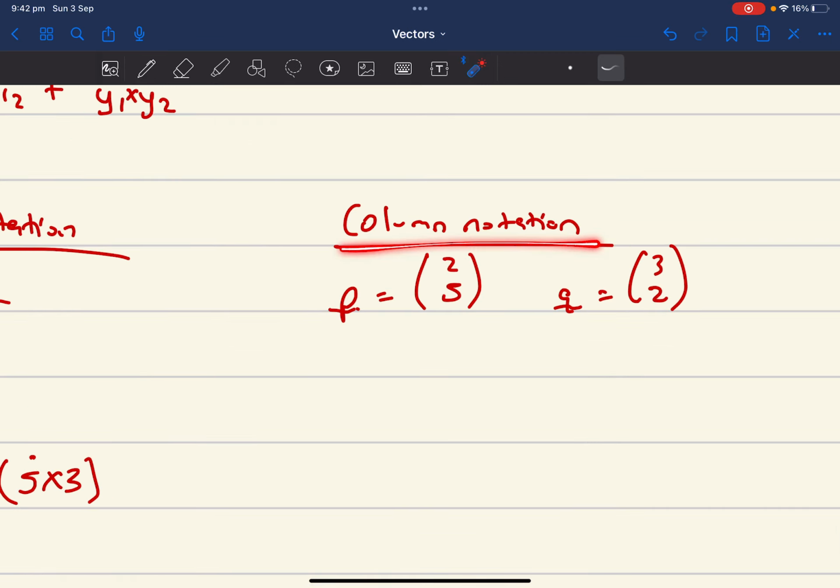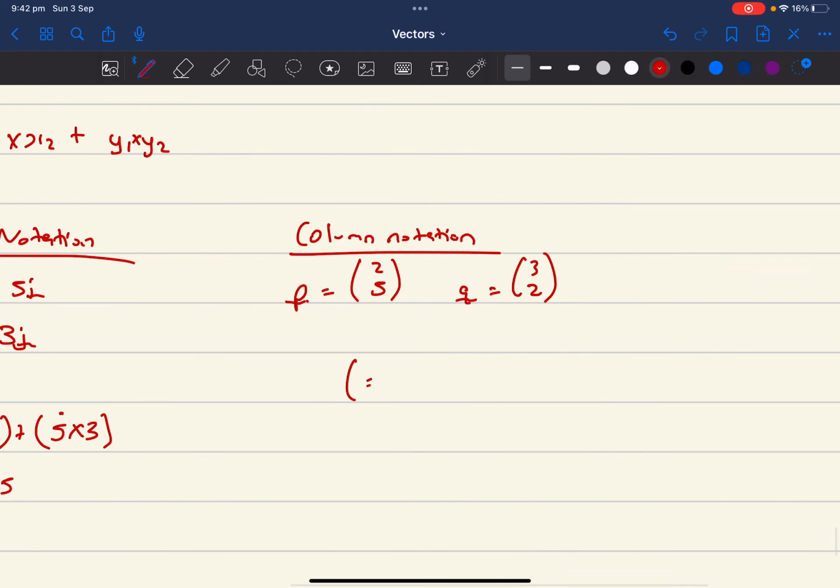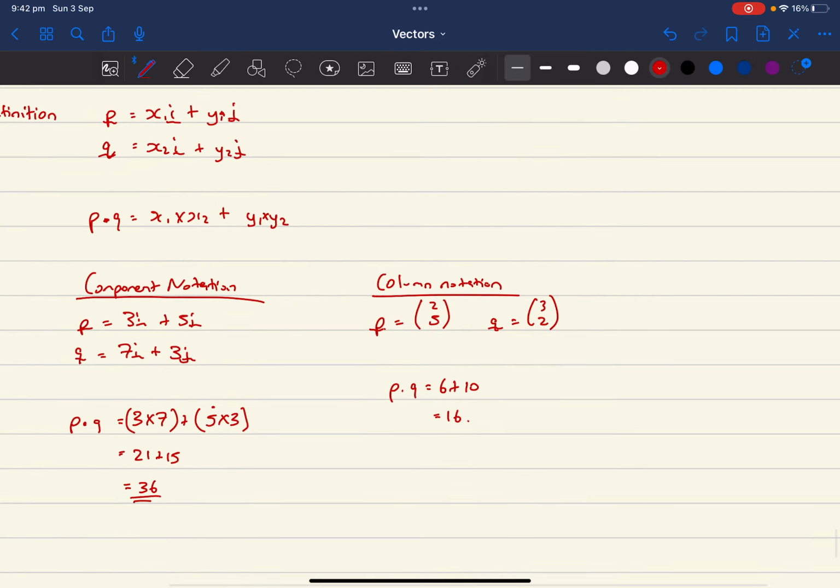Just remember, this means the same thing as 2i plus 5j, 3i plus 2j, right? The first number is your x coordinate, the second number is your y coordinate, right? It's going to be the same thing. You times the two x coordinates together and the two y coordinates together, right? So 2 times 3, I get 6. 5 times 2, I get 10. 16, right? Yeah, so it's fairly simple.